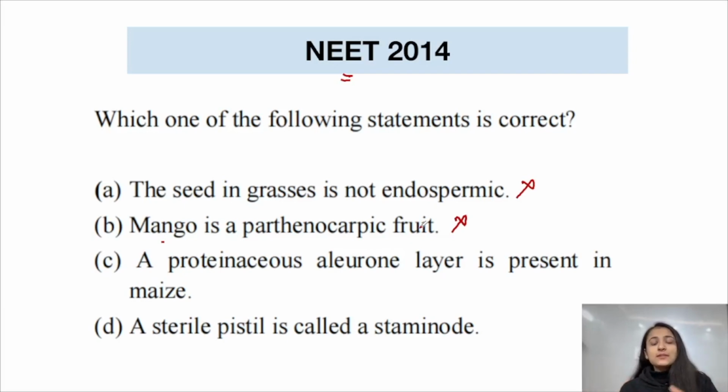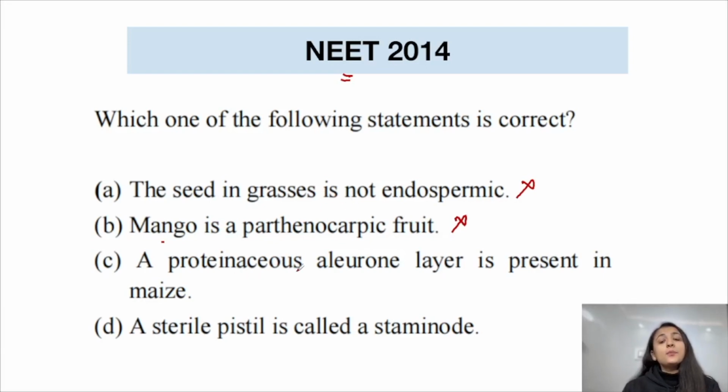Ovules develop into seeds, and the ovary develops into the fruit. Mango comprises a single seed only. So it is not a parthenocarpic fruit because it is not seedless, and it develops from a fertilized ovary and ovules.